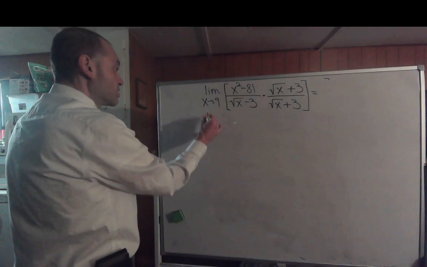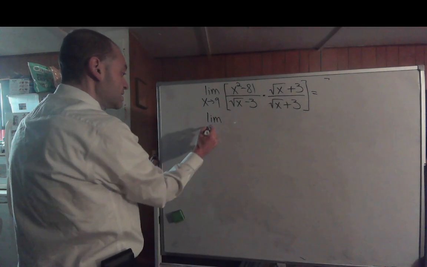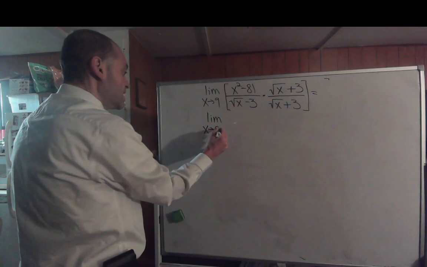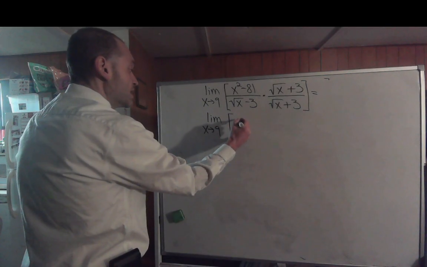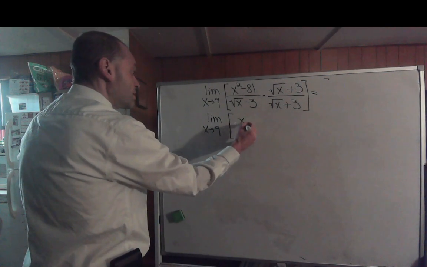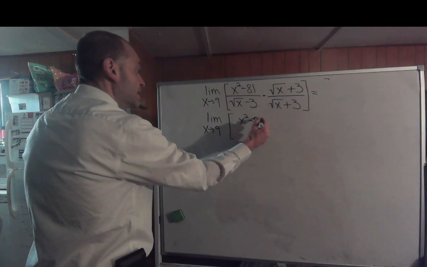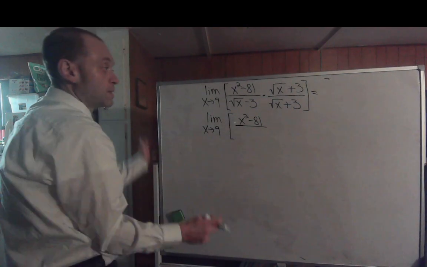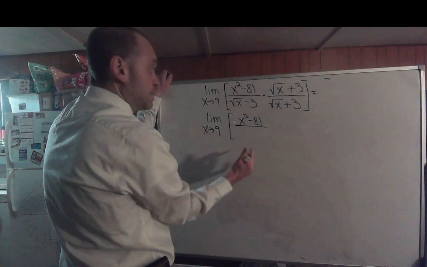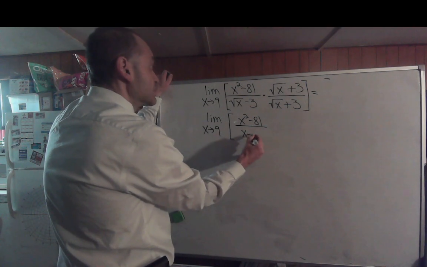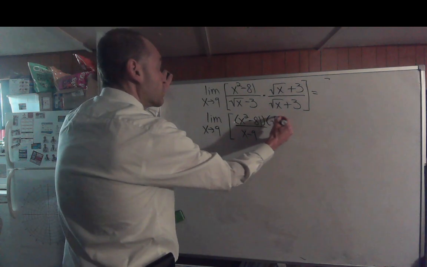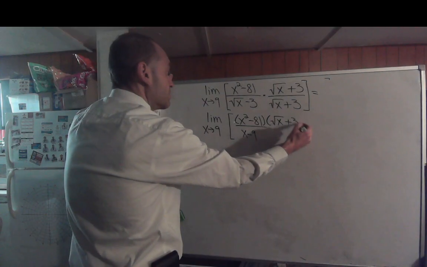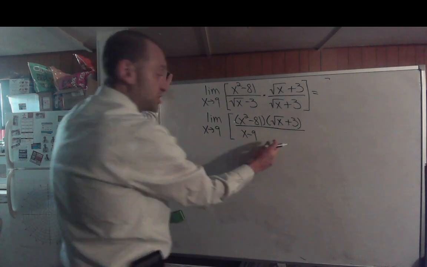So this would turn into the limit as x approaches 9 of x squared minus 81 all over, you FOIL out your denominator, you would get x minus 9. And actually I forgot to multiply the numerator by that square root of x plus 3. That's okay though. At least we caught it.